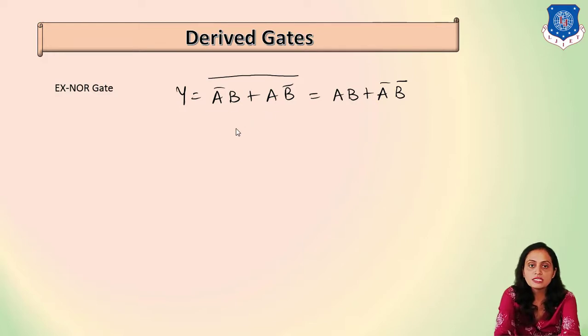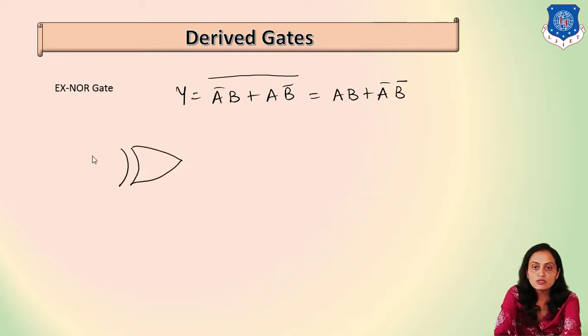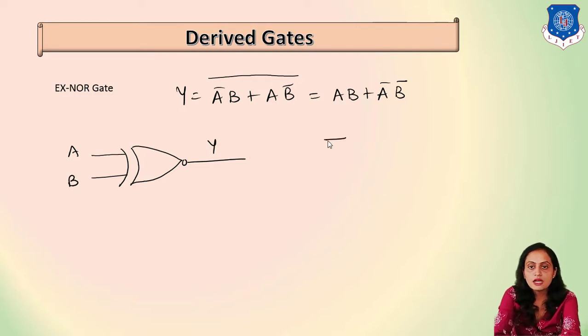So you can represent this XNOR gate with either of these Boolean equations. Now we will see the symbol. The symbol of the XNOR gate is similar to XOR, only we are putting a bubble at the output because it's an inverse of XOR. A and B are inputs and Y is the output.